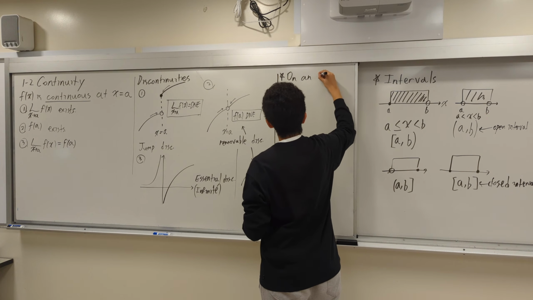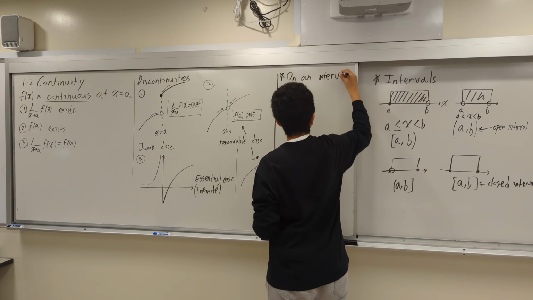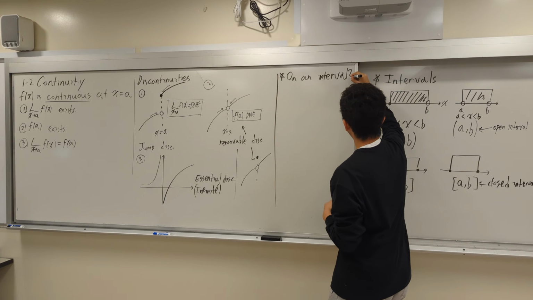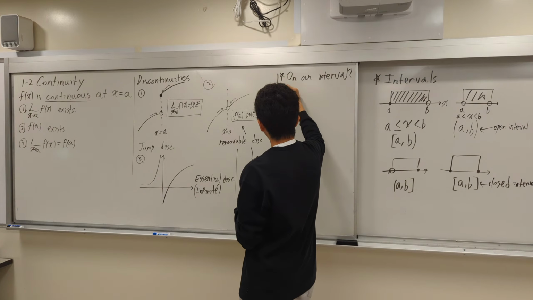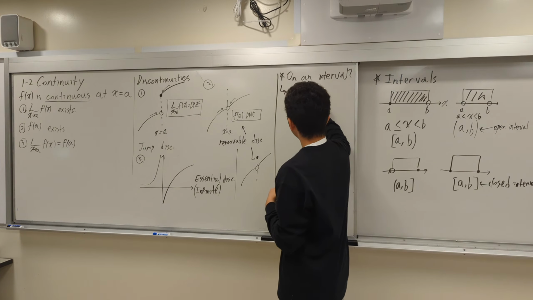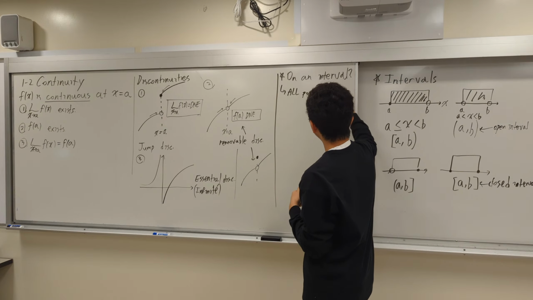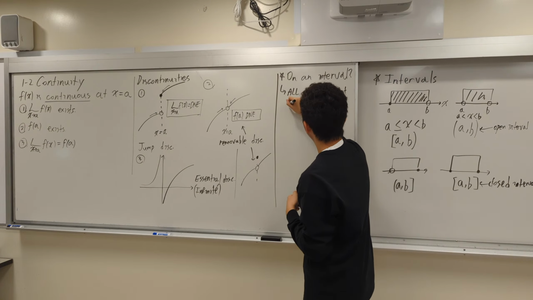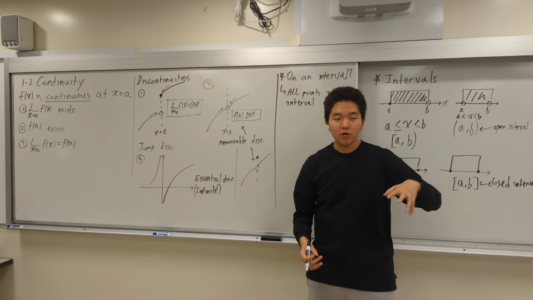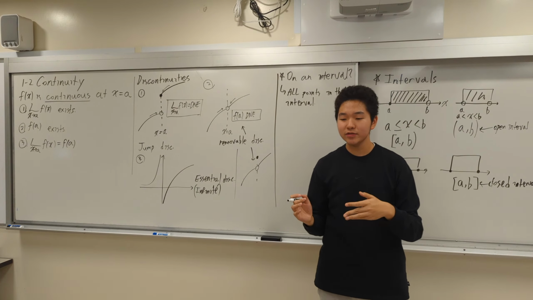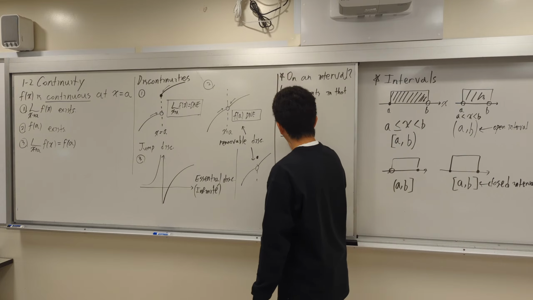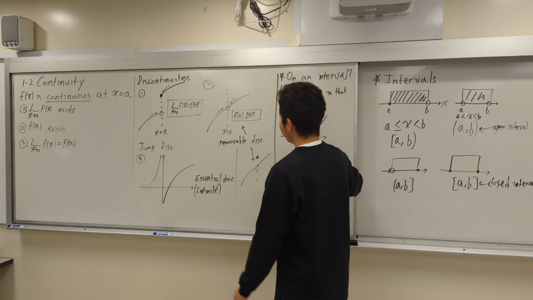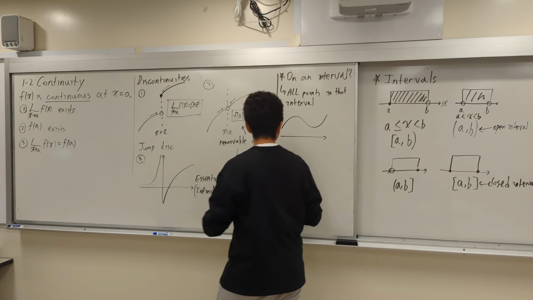On an interval, then we have to look at all points in that interval. Okay, so if I want to say that this function is continuous on all points in this particular interval, then for all points inside that interval, these conditions must hold.